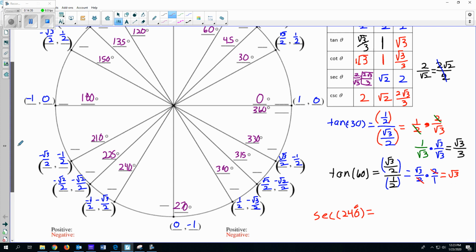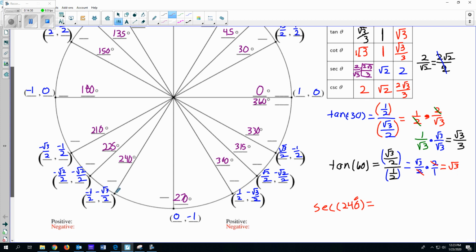Now you have to be careful because you have to take into account the sign. Secant is the reciprocal of cosine, so if cosine's negative, so is secant. In this case, my answer should be -2. You can see that it's the reciprocal of -1/2 right here.